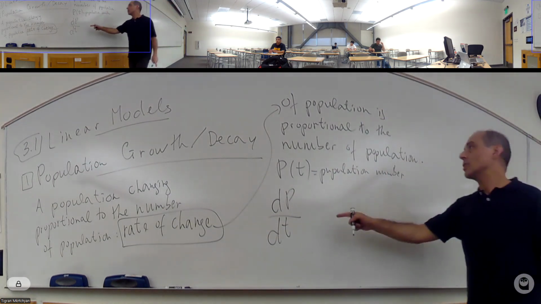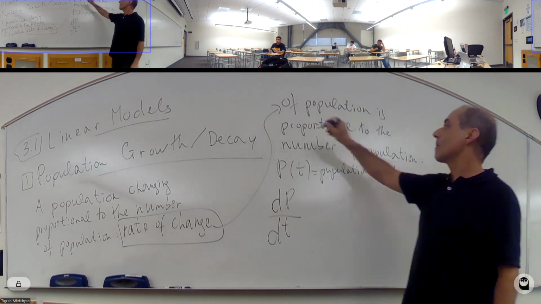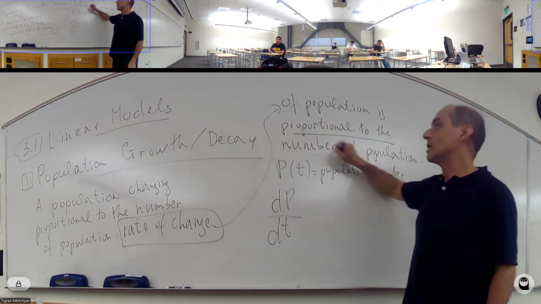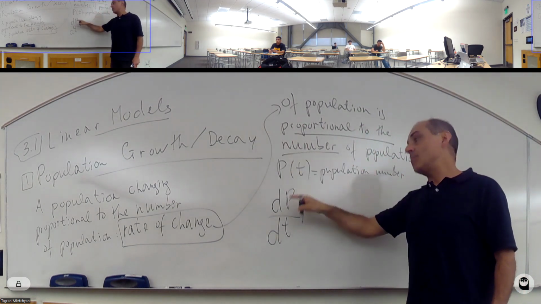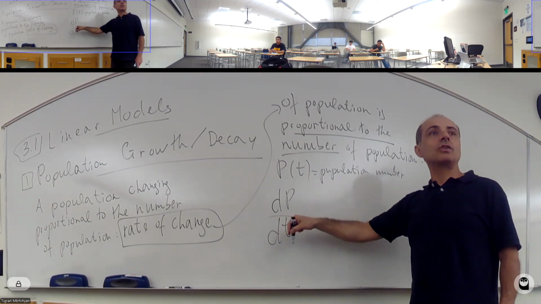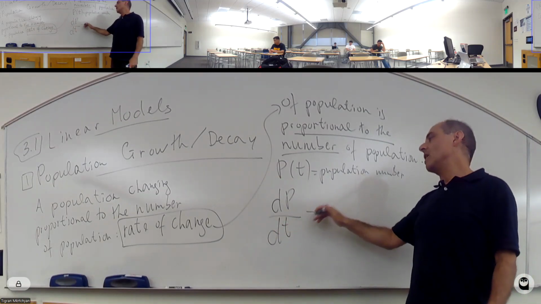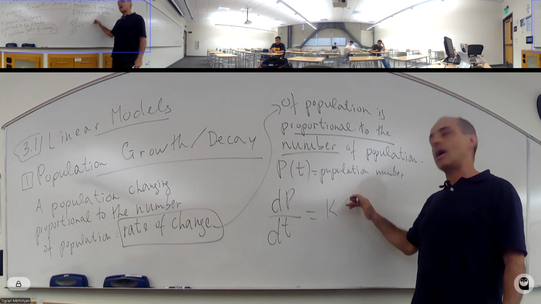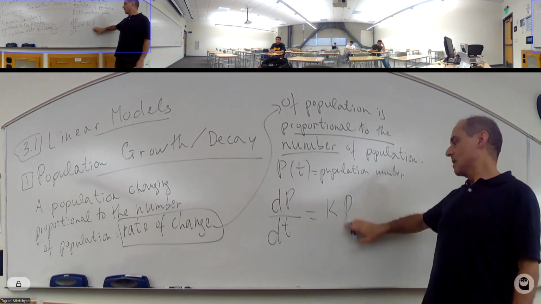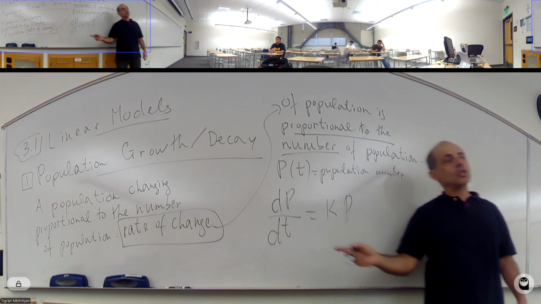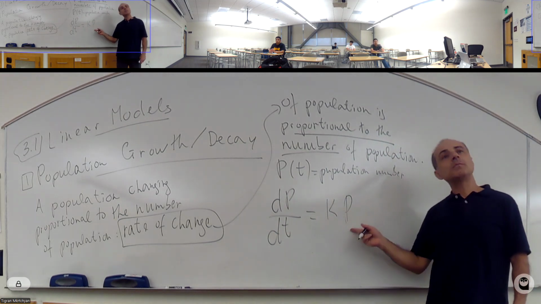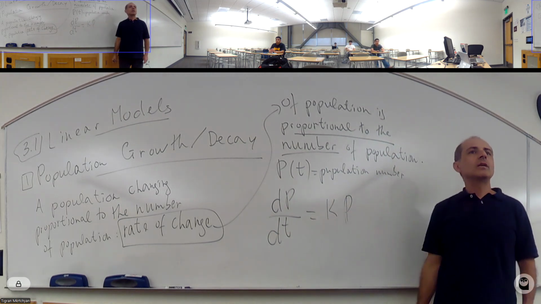Just think it's proportional to what? To the P. So dP dt, the change of population, is proportional to P, means equals some number times P. So derivative of P, the change of P, is some number times P. That's what proportional means, right?